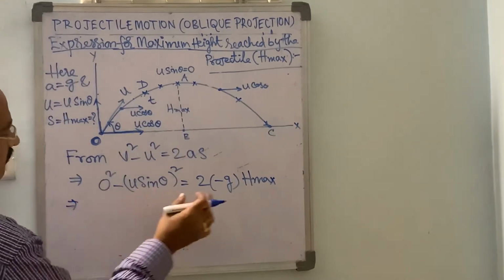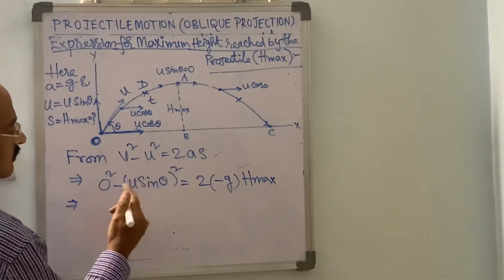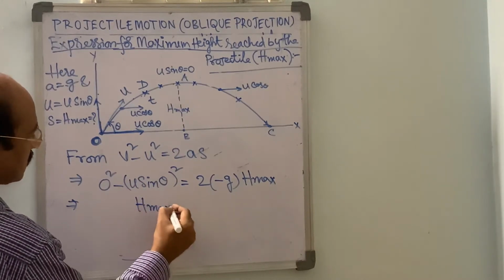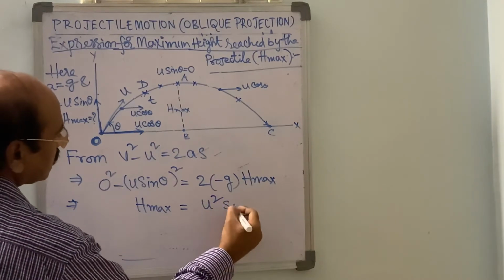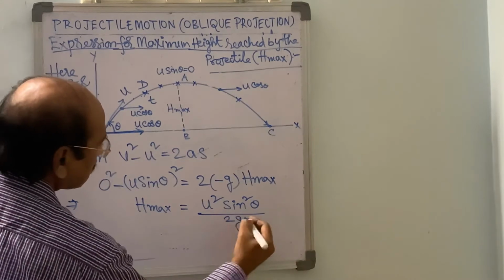So from this, 2g h maximum is equal to u square sin square theta, or h maximum is equal to u square sin square theta by 2g.